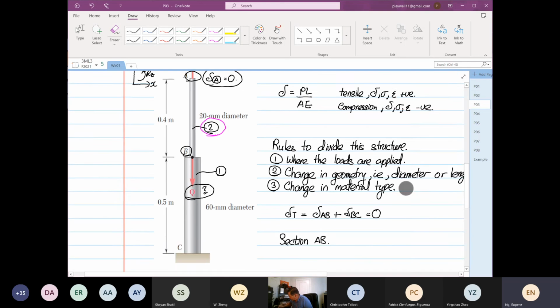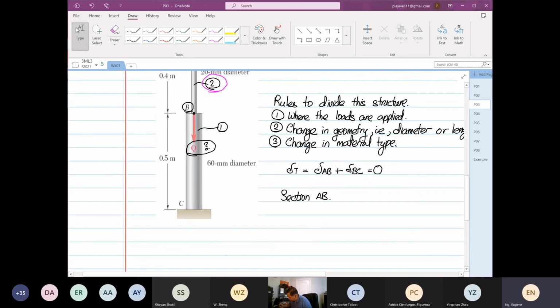So if we look at section AB, the length of AB, let's gather our information first, is equal to 0.4 meter. Then we calculate the area of AB, which is equal to pi.